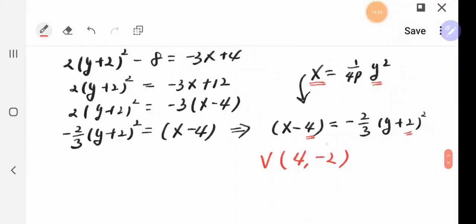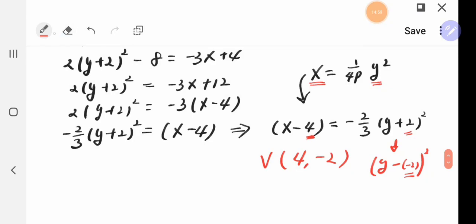Because x is replaced by x minus 4, 4 is the horizontal shift, and y plus 2 means y minus negative 2, squared. So the vertical shift is negative 2. So the vertex will be 4 and negative 2.